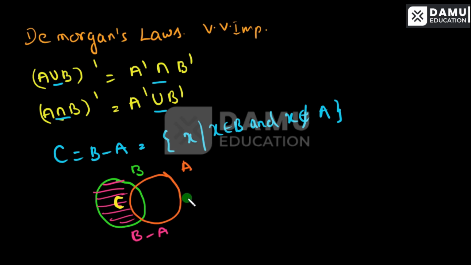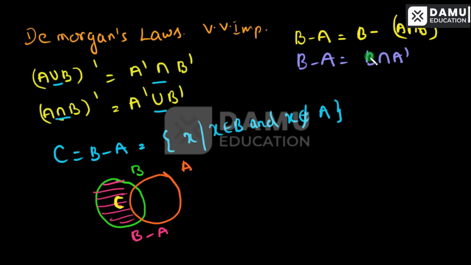Then B minus A will be equal to B minus (A intersection B). You can write it like this also. Again B minus A will be equal to B intersection A complement.